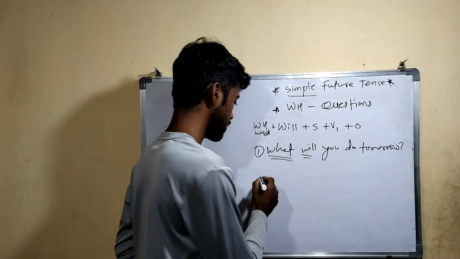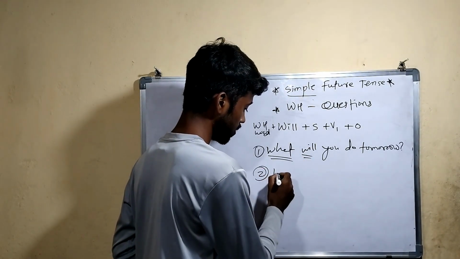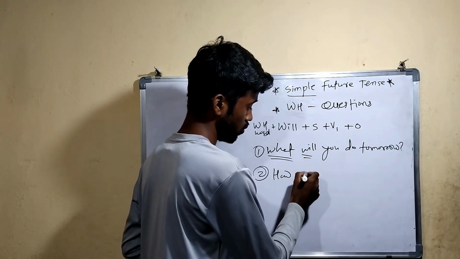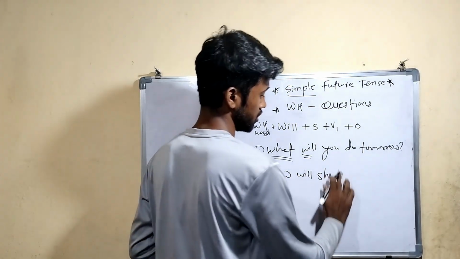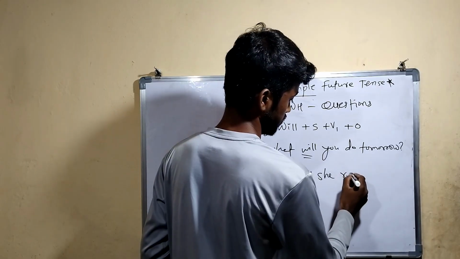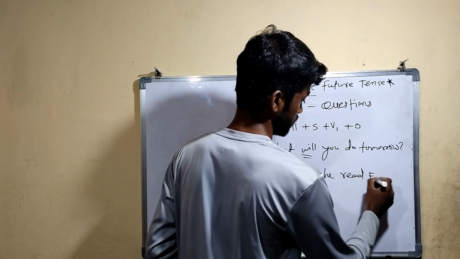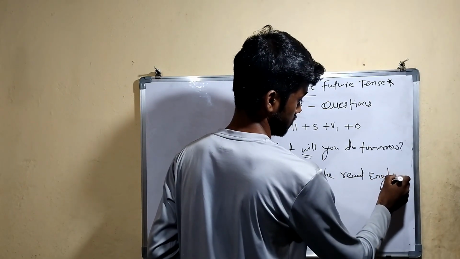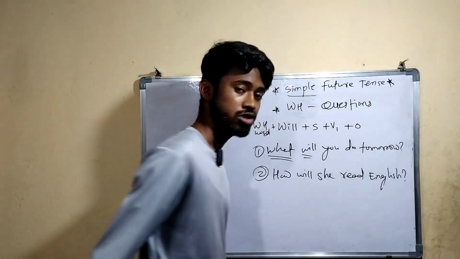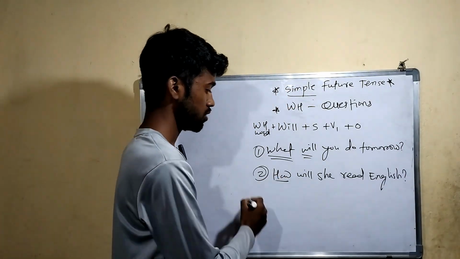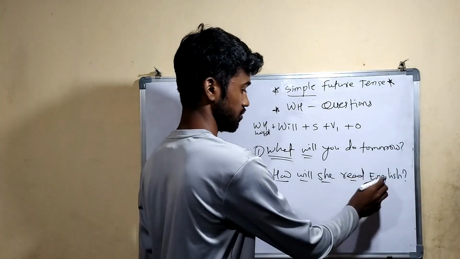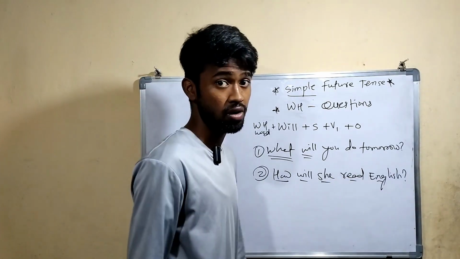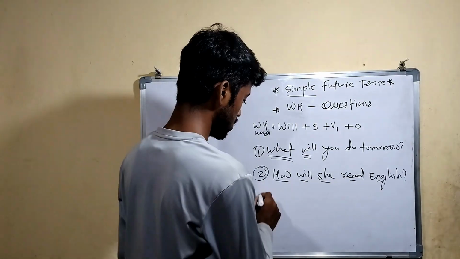Now let's take another example. How will she read English? First WH word, after that will. After that subject, first form of verb and object. How will she read English?